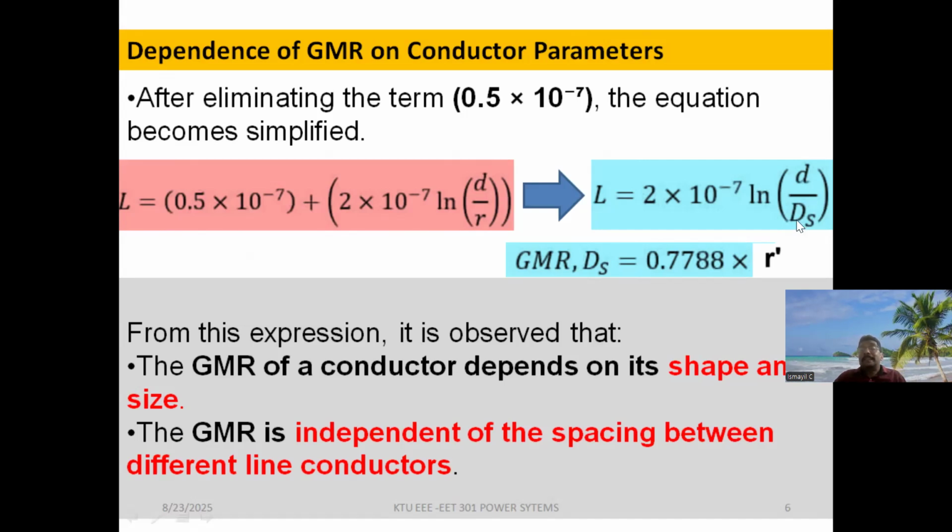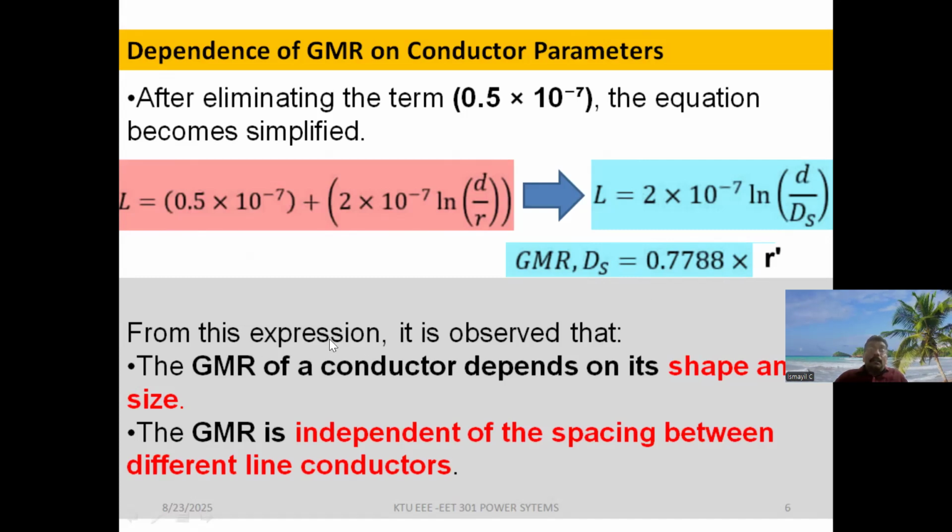But Ds is the GMR or self GMD, which is given by 0.7788 into r. Sorry, there is no r dash, this is r only, it's a mistake. Ds is usually represented by r dash.